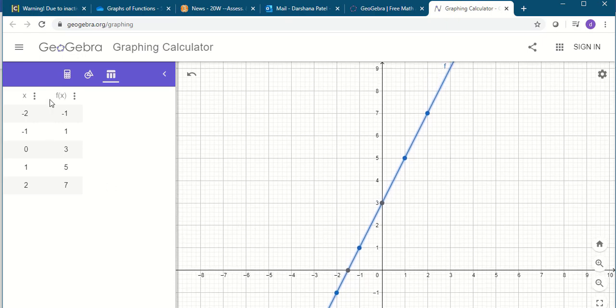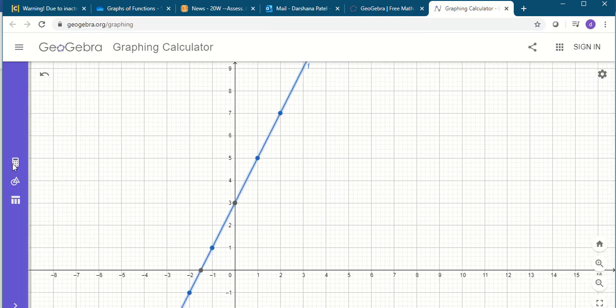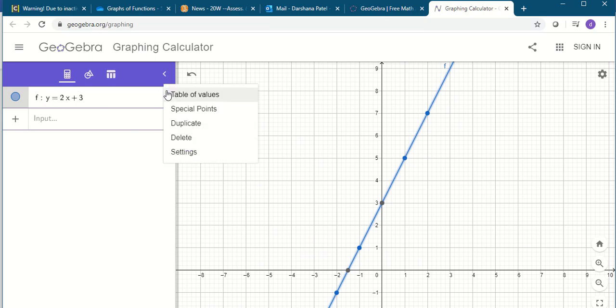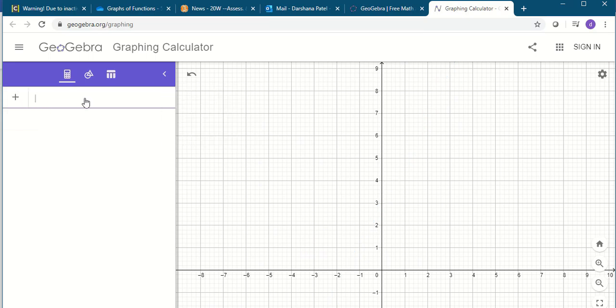Okay, and now we say we will say y equals 3x squared.